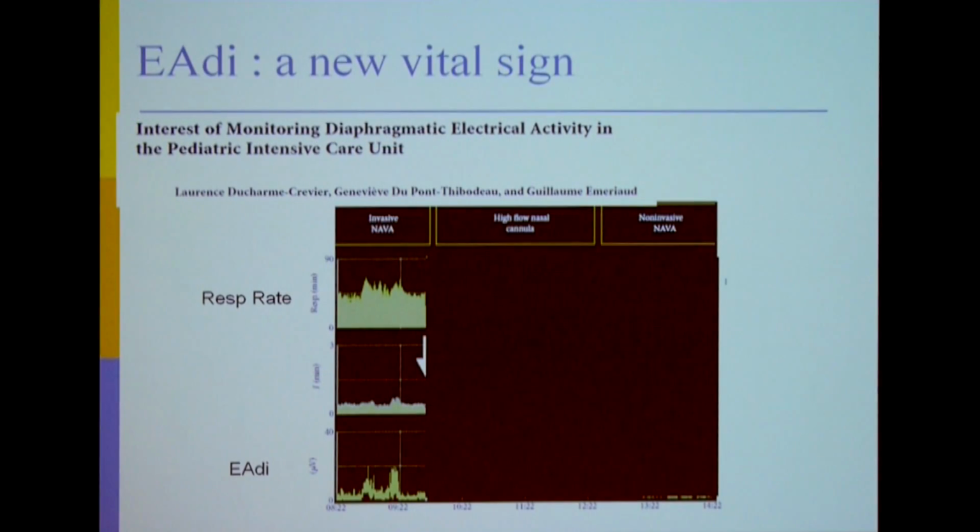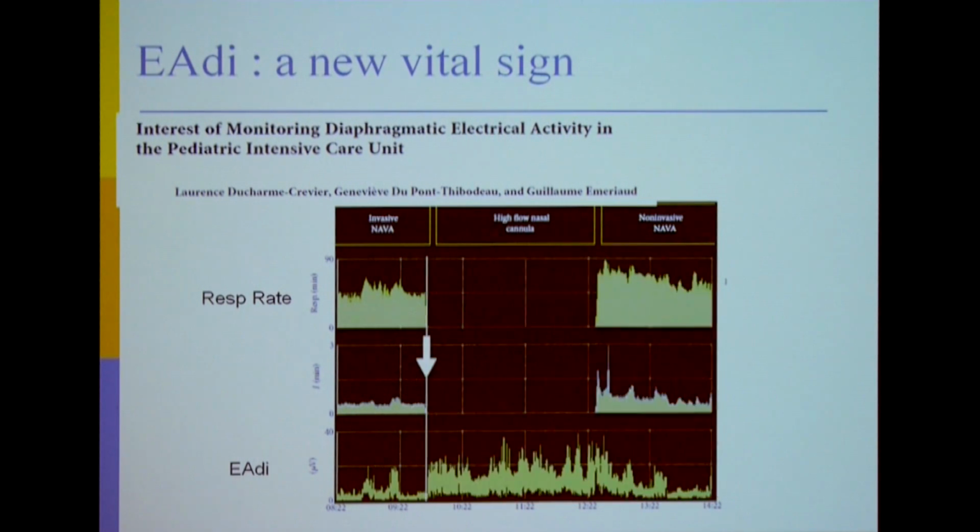We decided to put her on non-invasive ventilation, so we switched on the ventilator again, and I then realized that I hadn't seen that before. It was stored in the ventilator, and it was really easy to have access to this data, and we just did not look at it. I would not say that I would have intubated the patient before or put her on non-invasive ventilation, but it's a new sign that we should look at really easily in our practice.